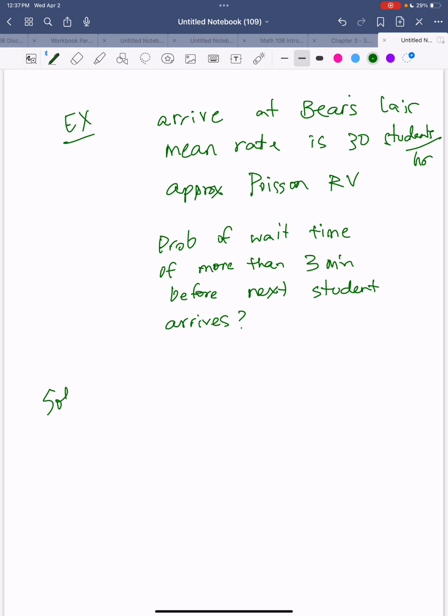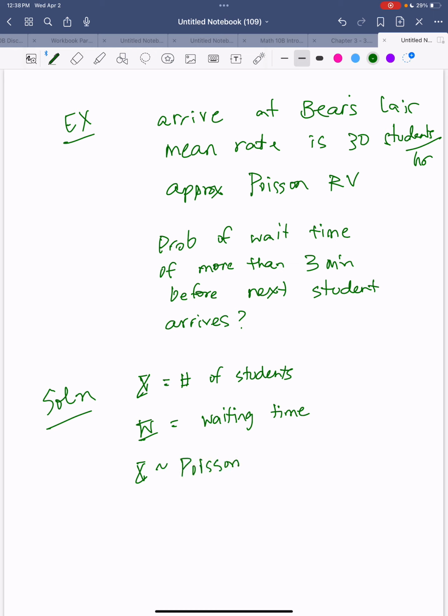Right? And so the solution to this would be, let's set up our random variables. X is going to be the number of students. W is going to be the waiting time between students. X is going to be Poisson. What is our rate here? It's going to be 1/2, because if you're dealing with 30 students an hour, then you have half a student per minute.